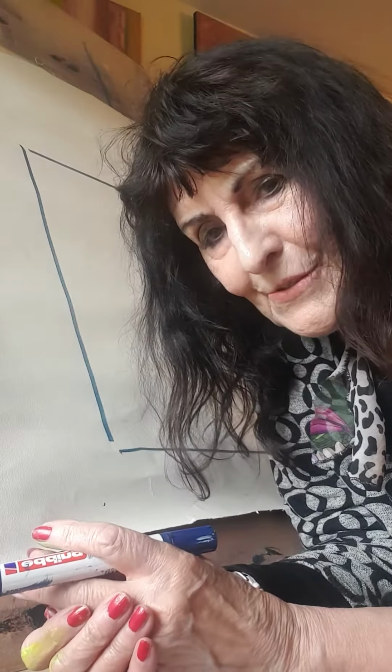So first of all, on my wallpaper, which I've stuck down onto a board and placed at a very bad angle, but I hope you can see, I've drawn round a shape. It's a bit of a board I drew around, but it doesn't have to be a rectangle like this. It could be round. You could draw around a bin lid or a plate or something.